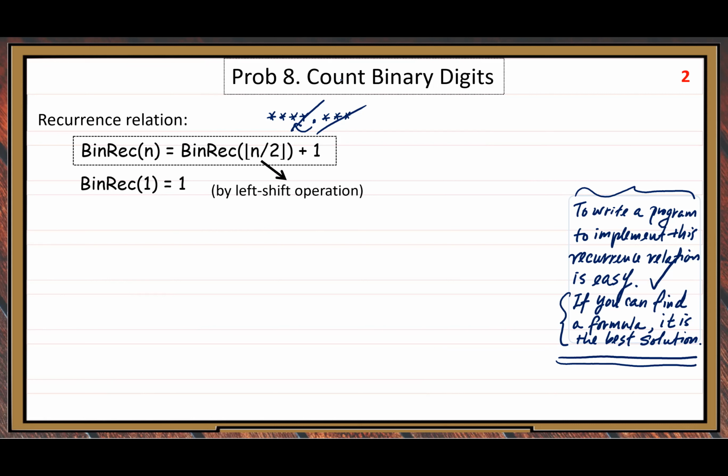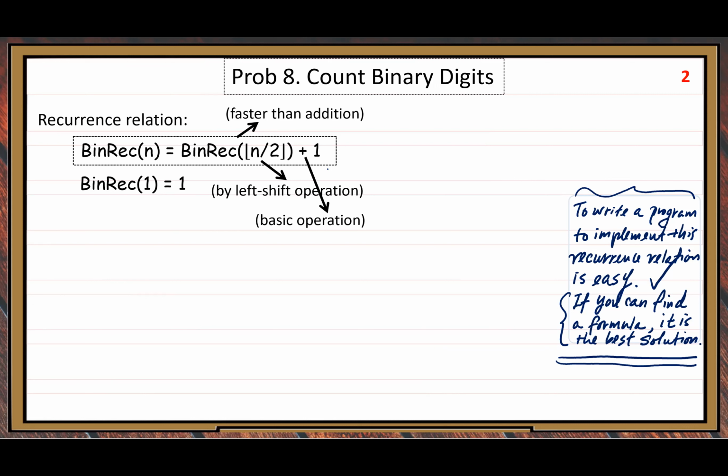So that kind of special integer division is very fast. It is faster than addition. So for this question, the basic operation is addition. Every time we do one shift operation, one addition. But we also know addition is slower.